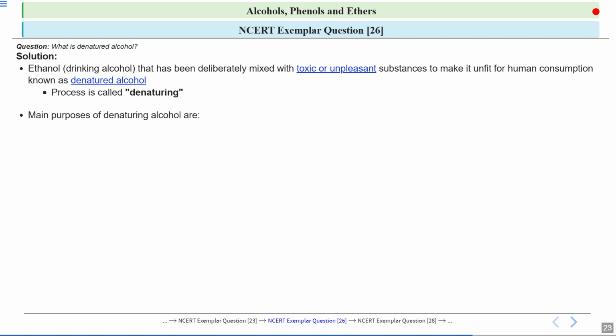The main purpose of denaturing alcohol is to prevent people from drinking industrial alcohol. One of the primary reasons is to prevent its consumption as a beverage, because it is crucial for public health and safety, as industrial alcohol can be harmful if it is ingested.